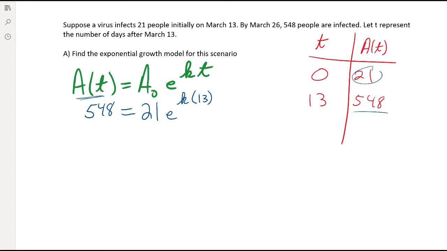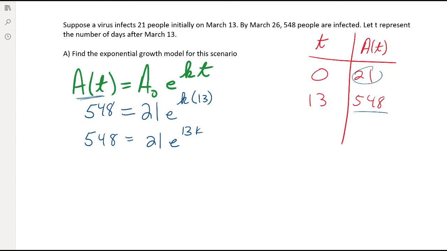And so what we have to do here, folks, is solve this equation for k. First thing, I'm going to rewrite this just a little bit. So 548 is equal to 21 times e raised to the 13 times k. Order of multiplication doesn't matter. To solve for k, we have to solve this exponential equation.